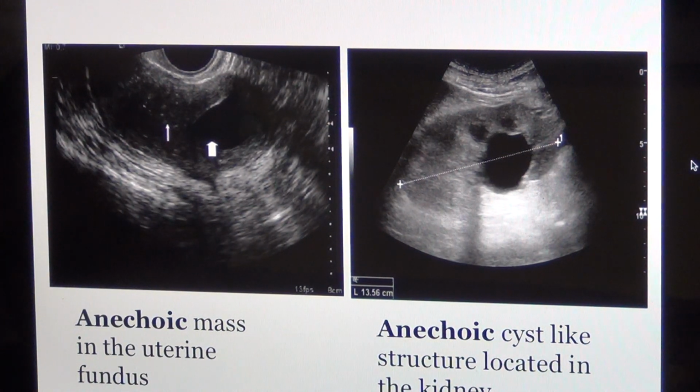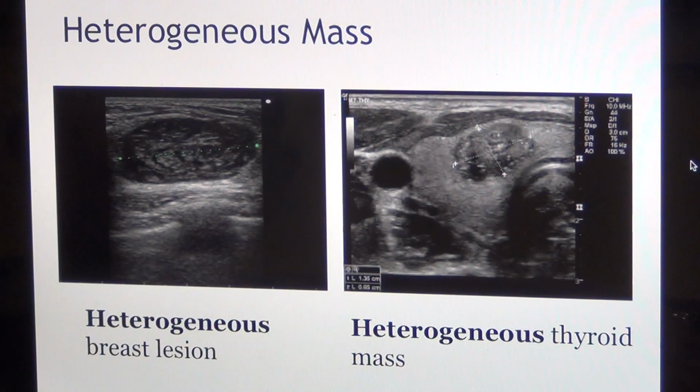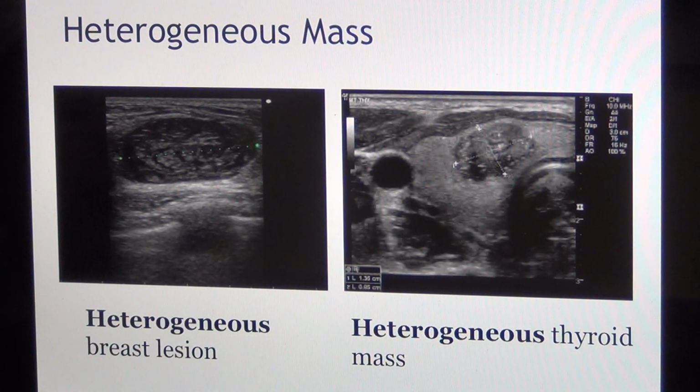Okay, so next is a heterogeneous mass. Heterogeneous mass means not homogeneous. So now this is a heterogeneous mass because it is not the same all over, but it has a posterior enhancement.